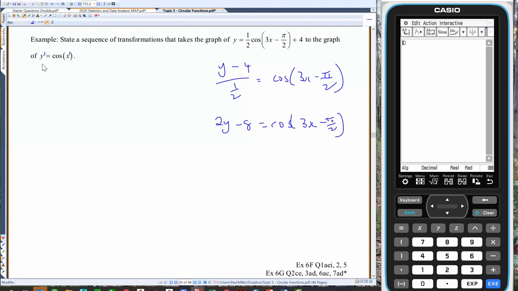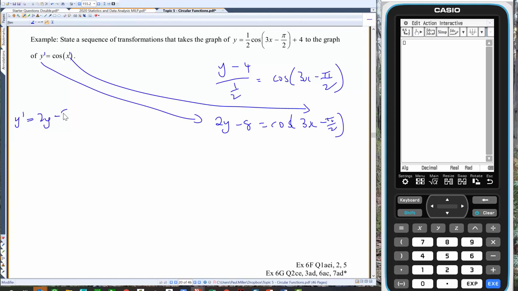Now we're ready for pairing, so I'm going to pair the y's with the y's and the x with the x. So that's going to be y dash equals 2y take 8 and x dash equals 3x take pi on 2. Now what we need is the transformations. So I draw this template, I call it.